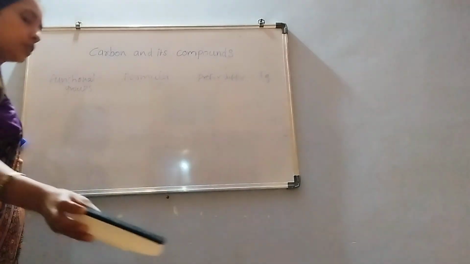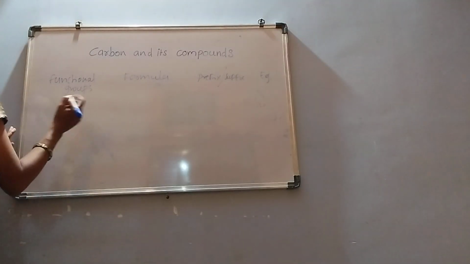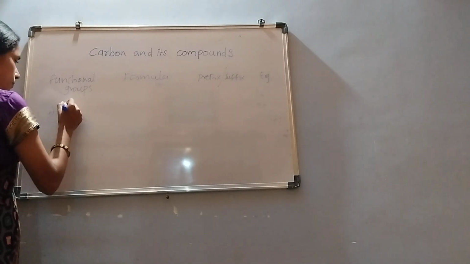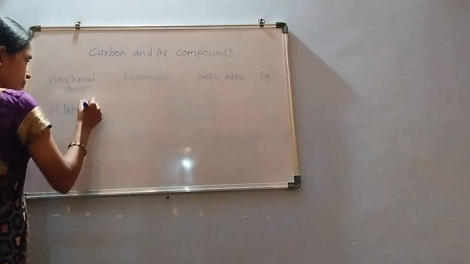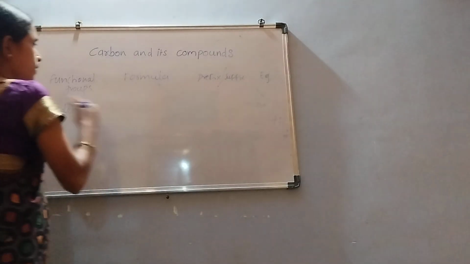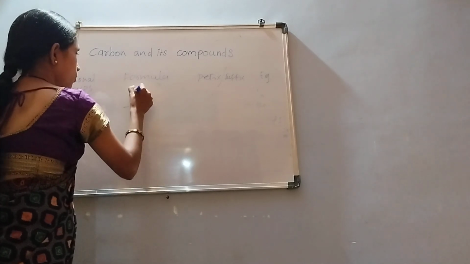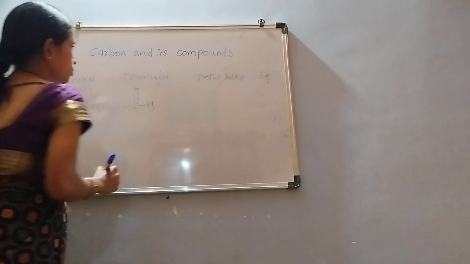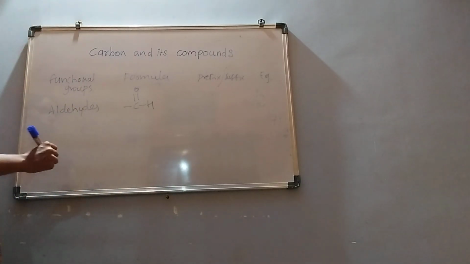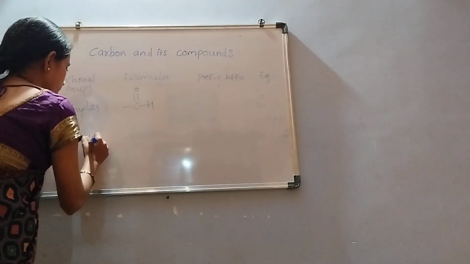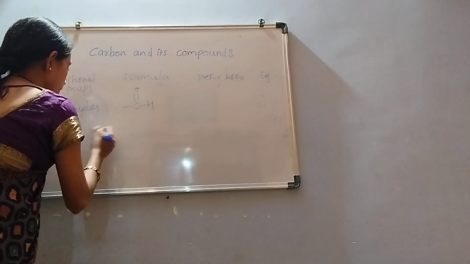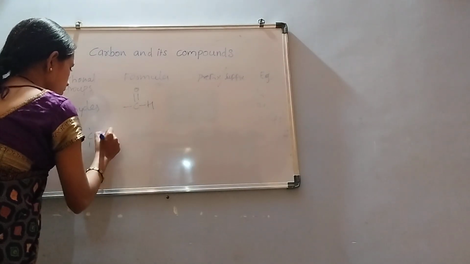Next we are studying aldehydes. The aldehyde formula is C double bond OH. We can take an example of propane, ethane also we can take, no issues.